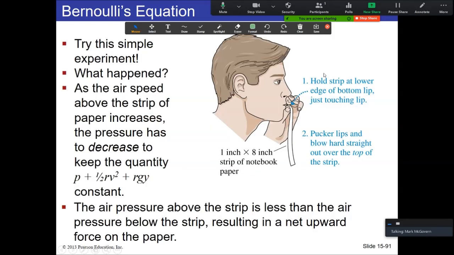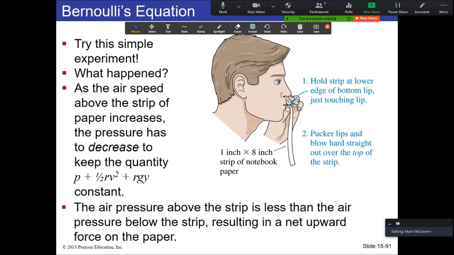Actually, this is a good illustration of Bernoulli's equation here. So what you can do is take a thin strip of paper, put it up to your lips, and put it on your lower lip, and you blow, right? Just blow out air. When you do that, you're increasing the speed of the air as it comes out.